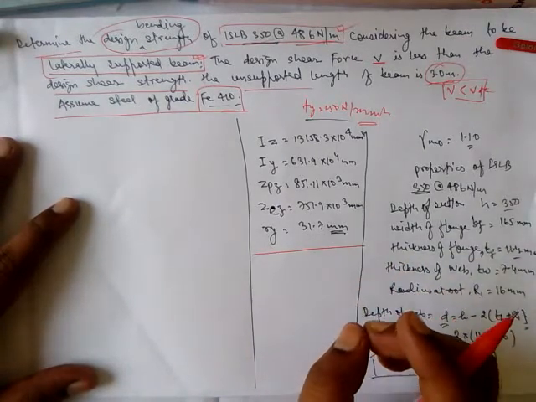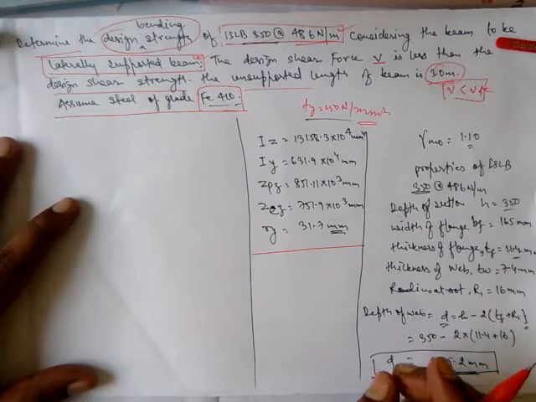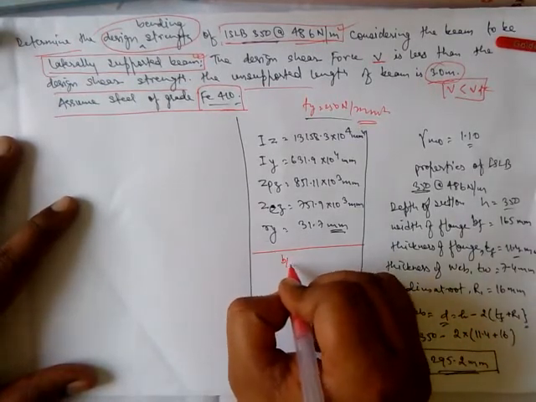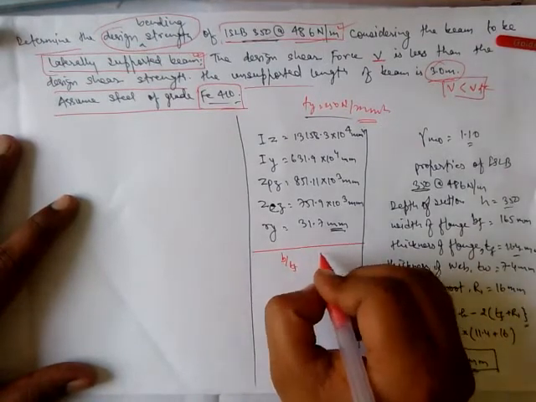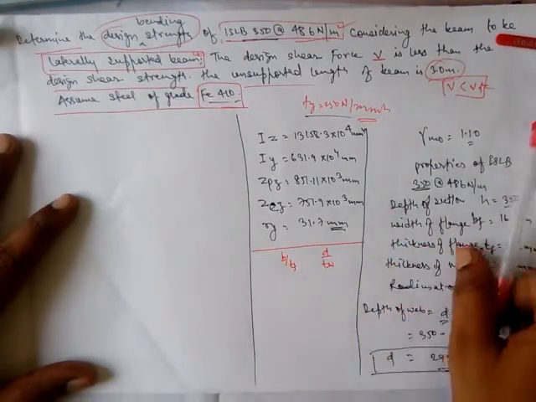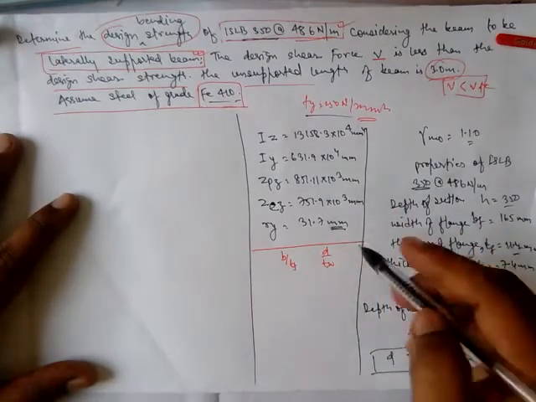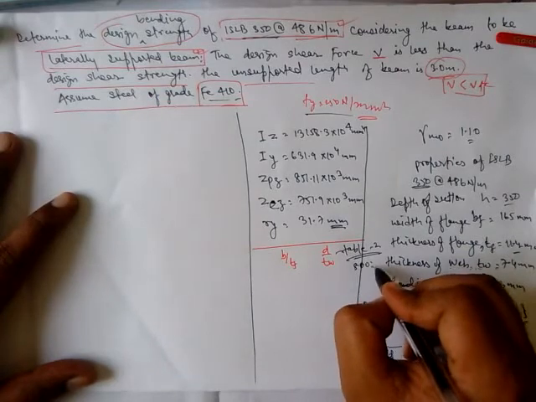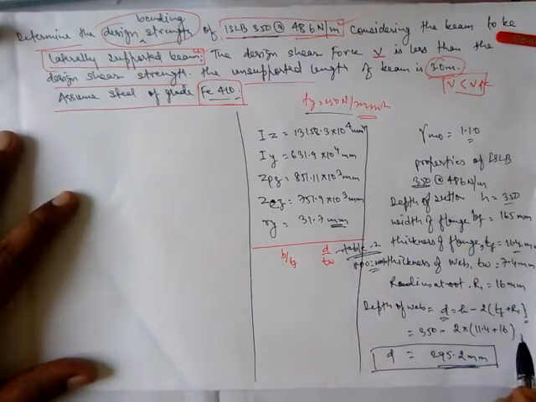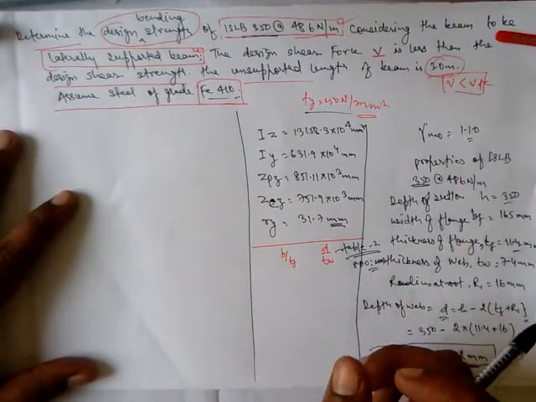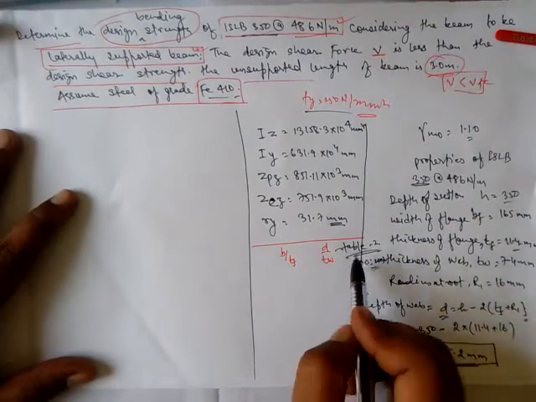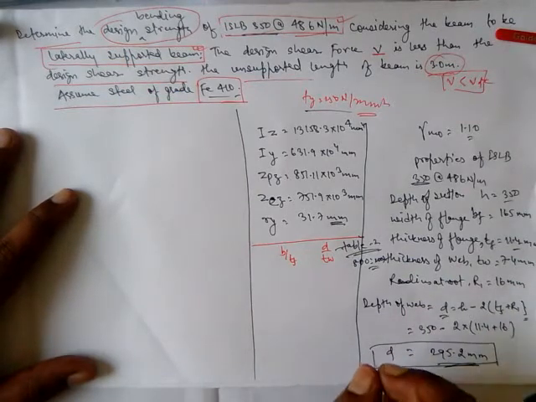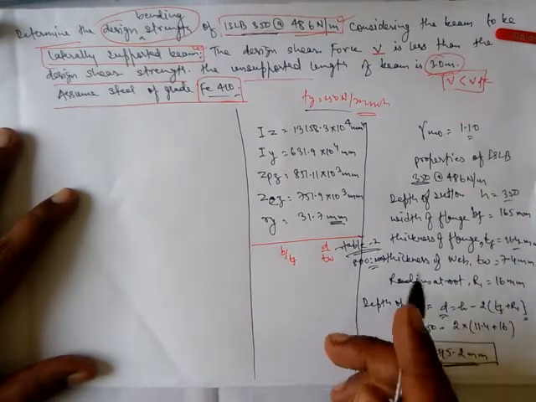Now next we have to classify the section. For classification of section, we use the b by tf ratio from Table 2 of IS 800:2007. In this table, it is given that the section is classified as plastic, compact or semi-compact.